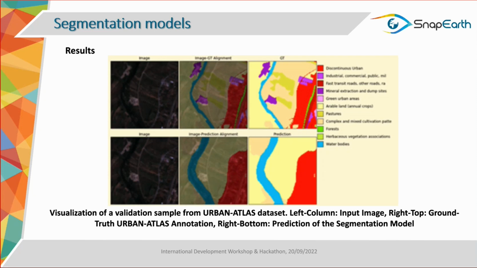Sometimes it can be a little bit different, and when it's different, we train again and again to get closer to the ground truth. But mainly what we can see is that sometimes it's not as precise as the truth, but it mainly gives the correct information about what is on the satellite image.